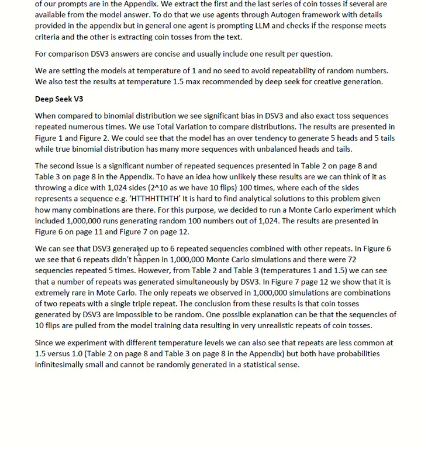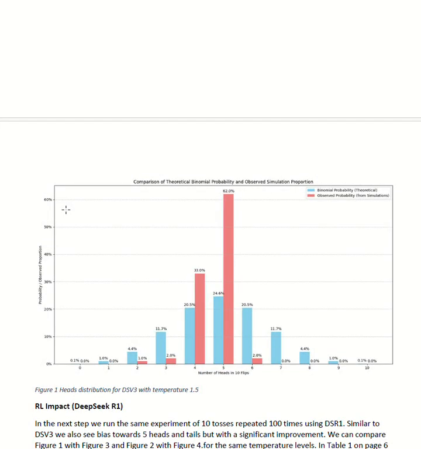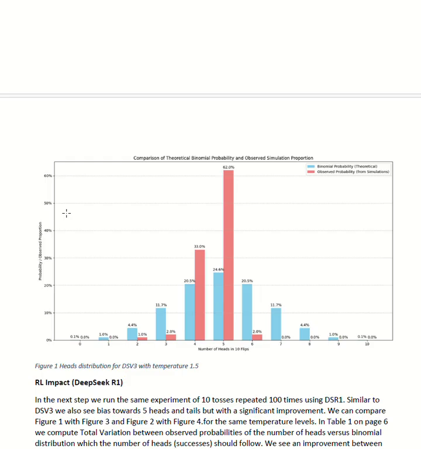In general, the distribution of the number of heads in 10 tosses should follow a binomial distribution. So I start with DeepSeek v3, and we could see that there is a tendency to report 5 heads and 5 tails in 10 flip sequences.